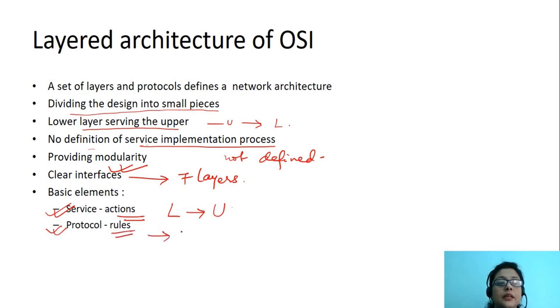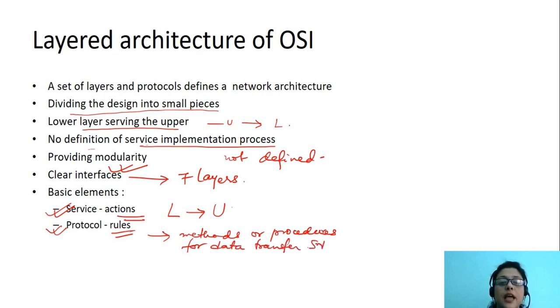Rules are basically the methods or procedures to be used for data transfer between the source and the destination. After that, the element is interface, which is basically the path through which the data flows.